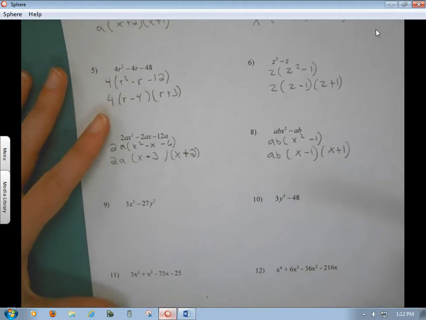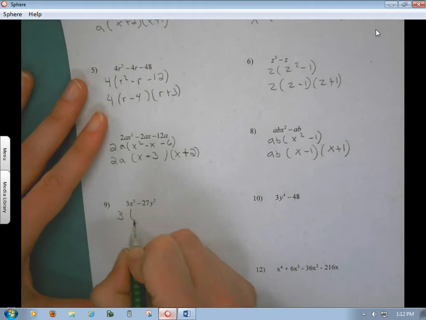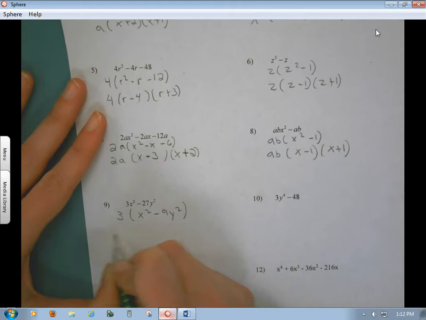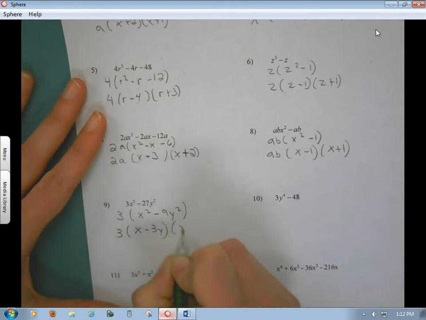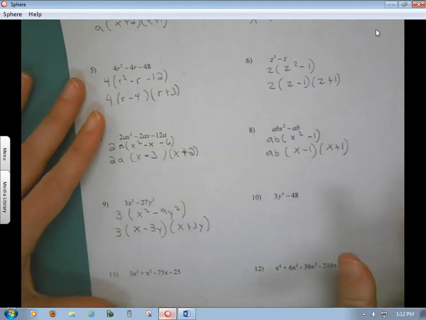Number 9, you're going to pull out a GCF. The difference of 2 squares. And that's done.